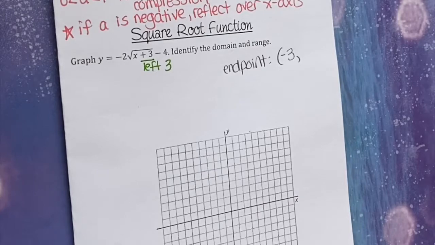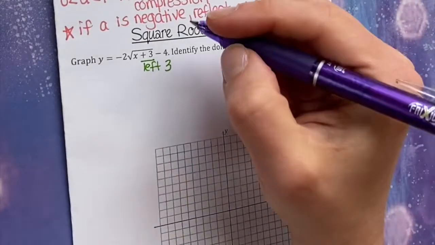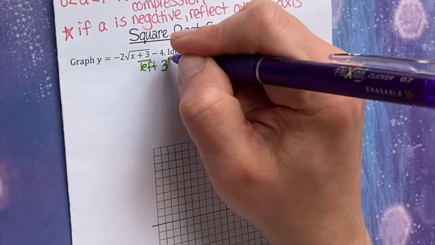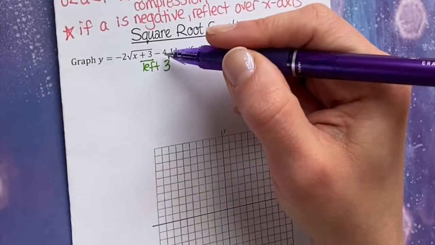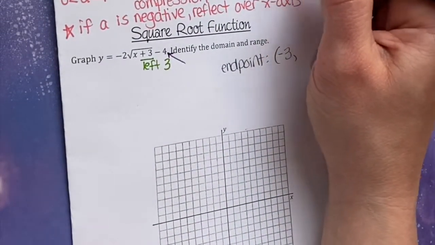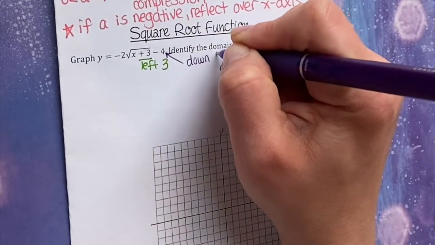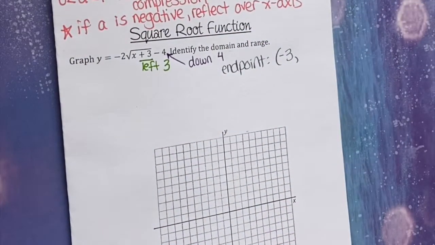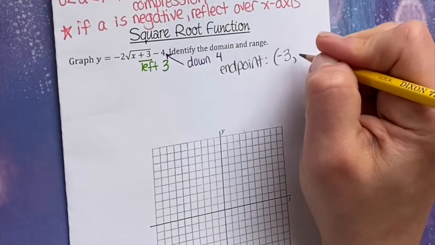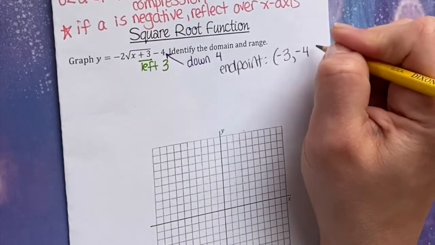And then going back to the equation, looking at our k value is -4, so that means we're going down. So our y value for our endpoint would be -4.